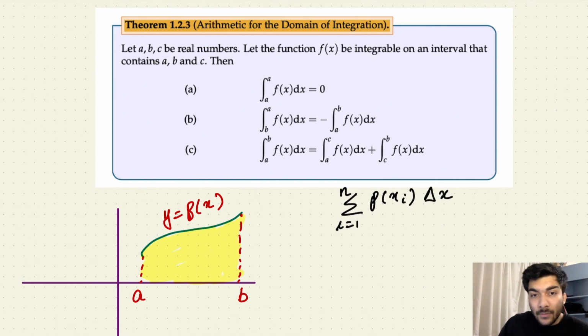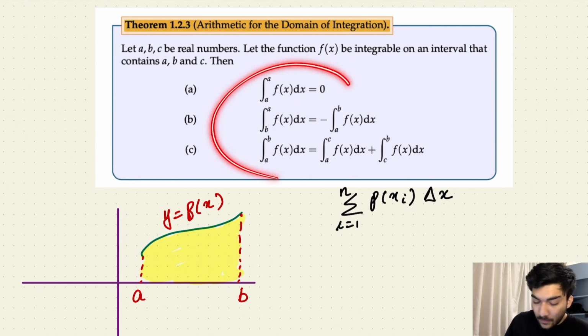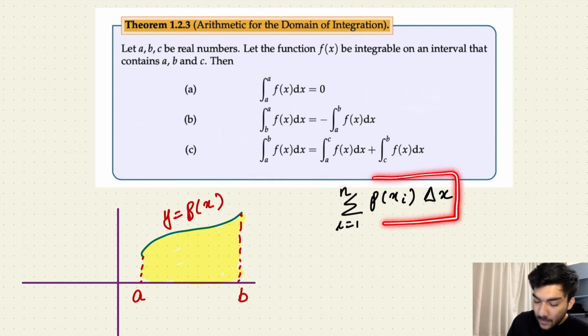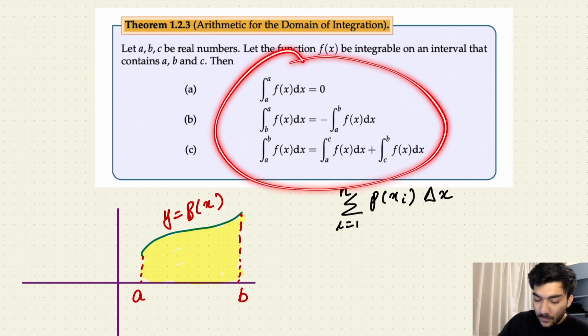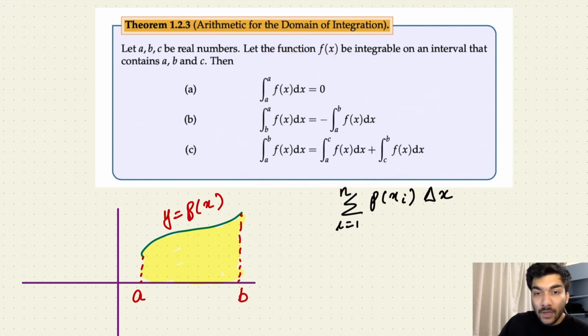I'll not include the limits in order to not make it more complicated, but the basic idea about proving all these properties is based on this part right over here. You can easily prove all those properties by considering this expression and proving these theorems that we'll cover in this video. So now we'll start with the properties.